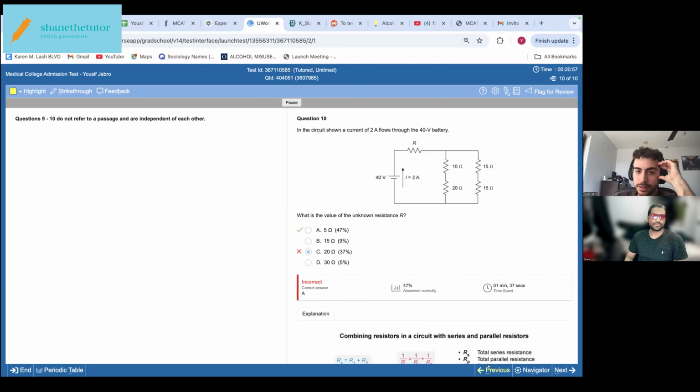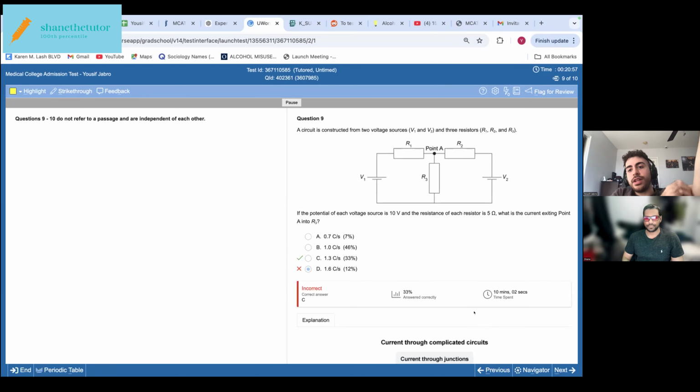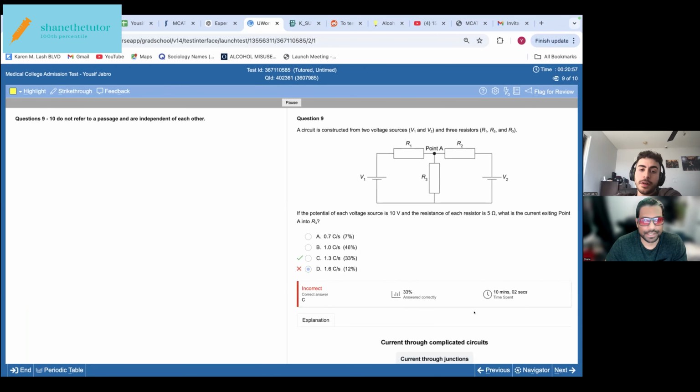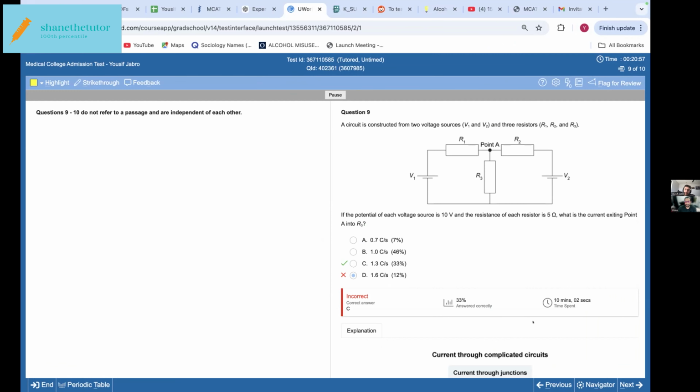I just had one last question about voltages and circuits. I know the formulas for resistors in series and in parallel, but I'm having trouble applying them to certain questions. So this is going to be significantly harder than what you'll see on the exam, but we could still do it.